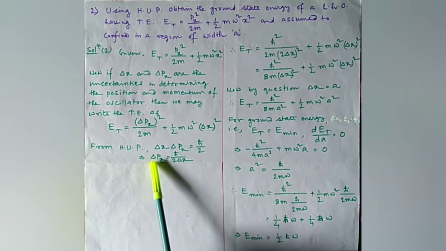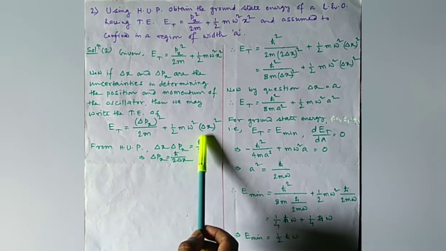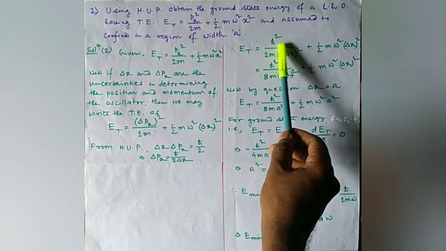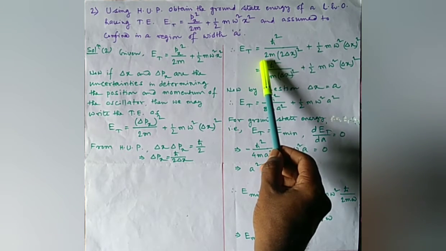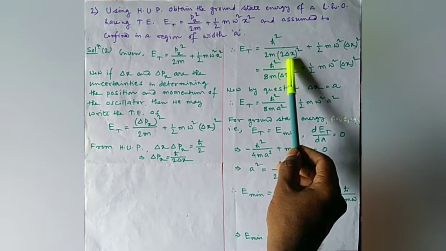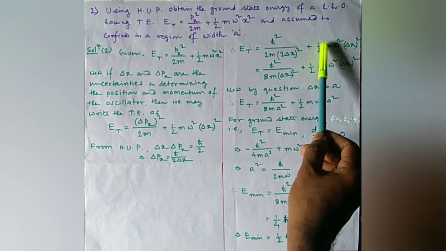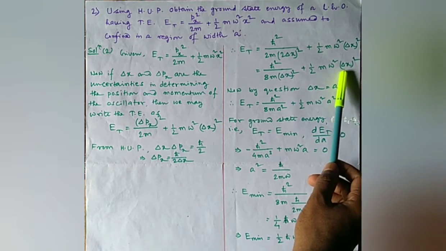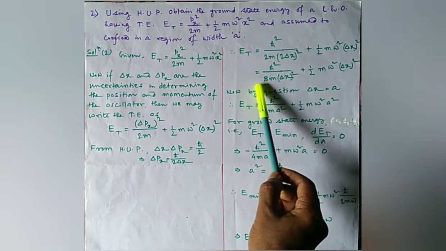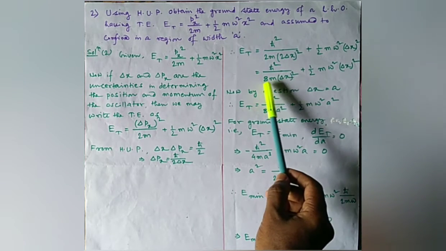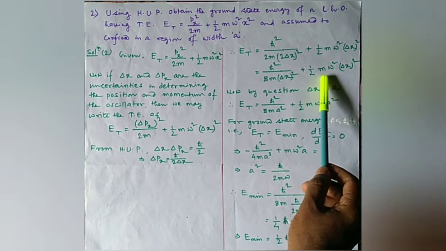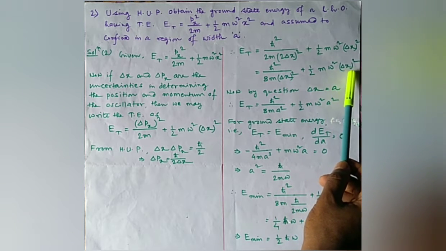Putting the value of delta px in this relation, we may write Et equals h bar square by 2m into 2 delta x square plus half m omega square delta x square, and this is equal to h bar square by 8m delta x square plus half m omega square delta x square.